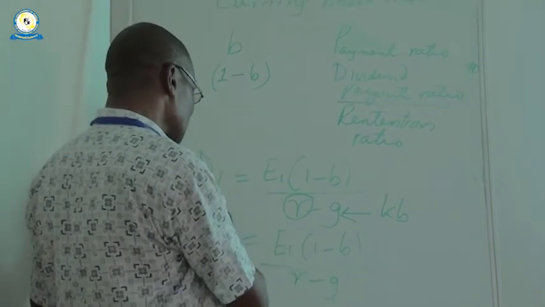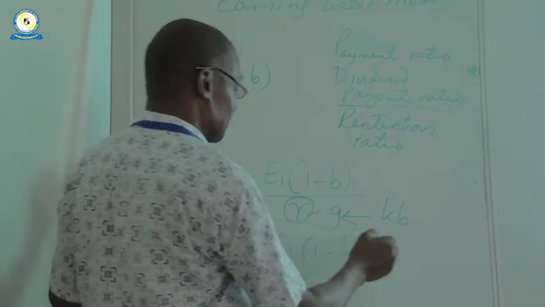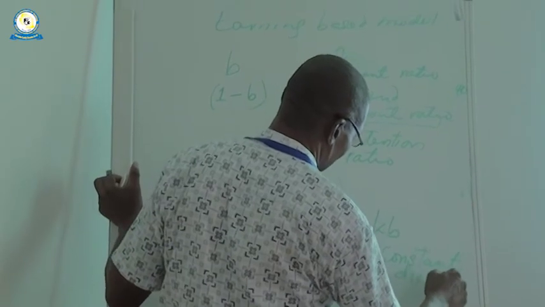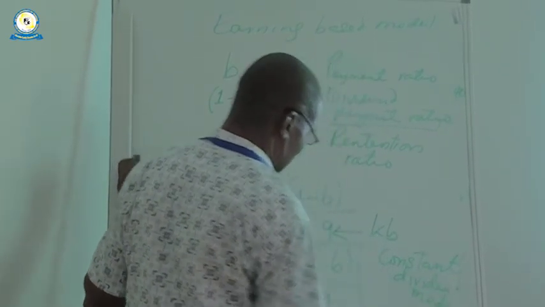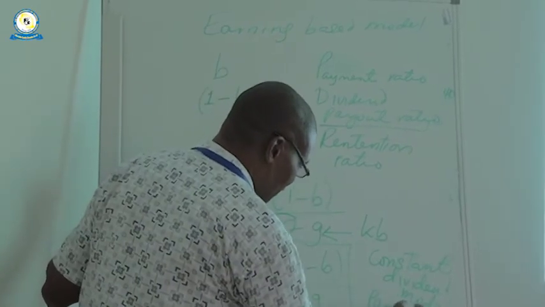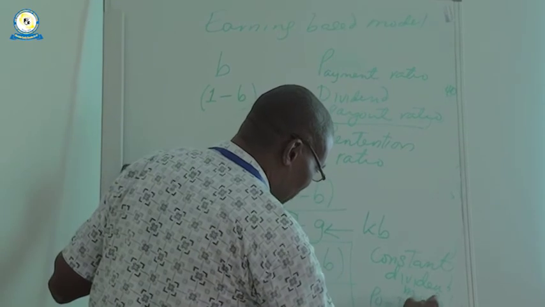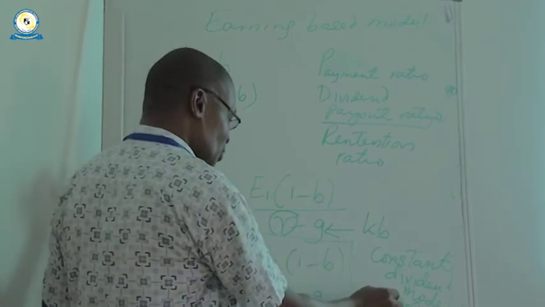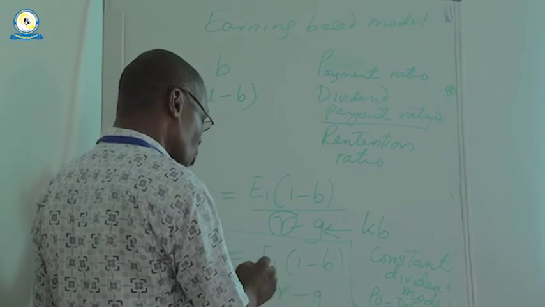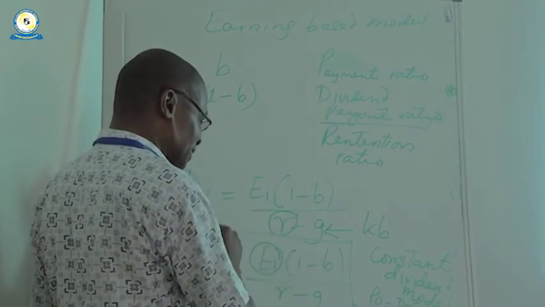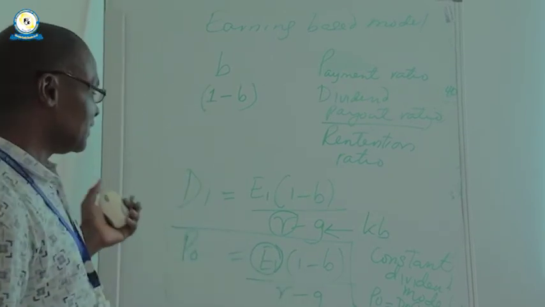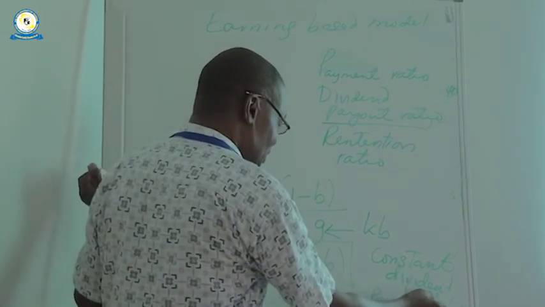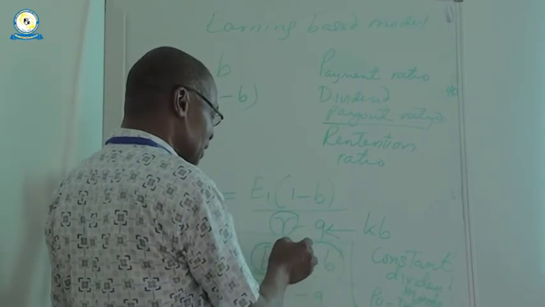This is the same as when we were using the constant dividend model, where price was D naught times 1 plus G divided by R minus G. In our case here, instead of the dividend, we use earnings, and instead of the growth rate formula, we use the retention ratio.